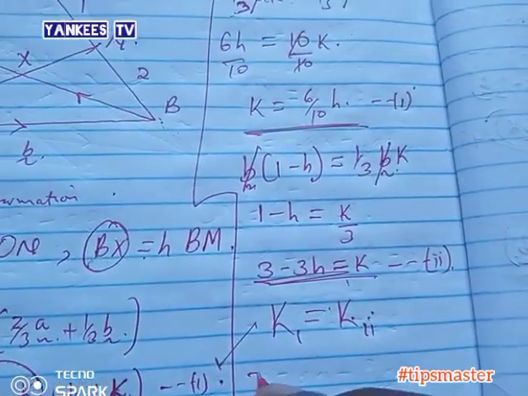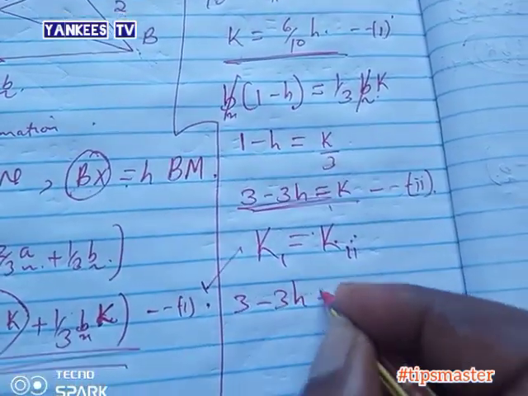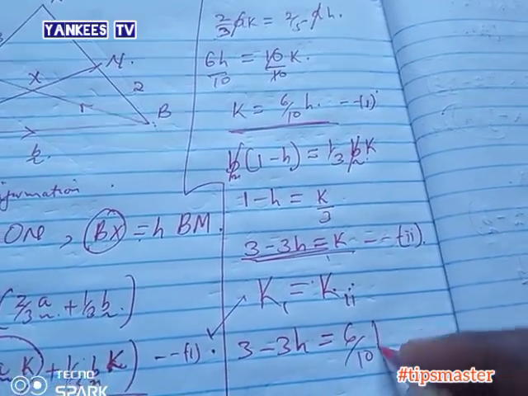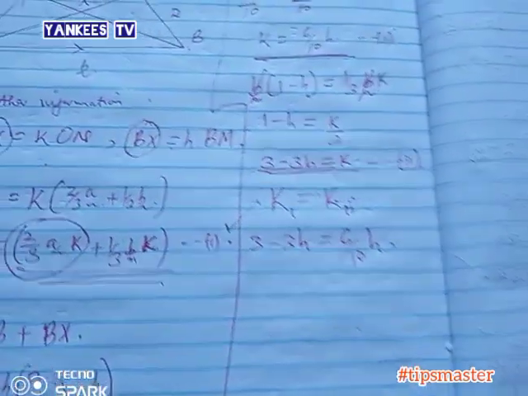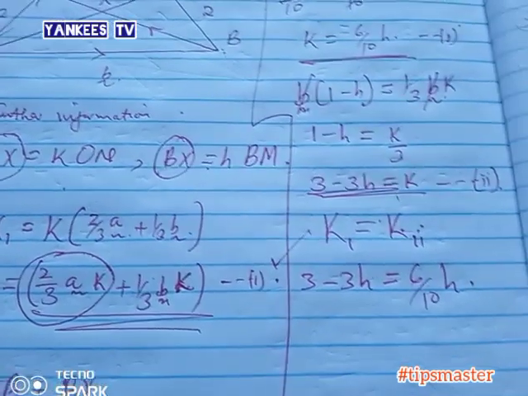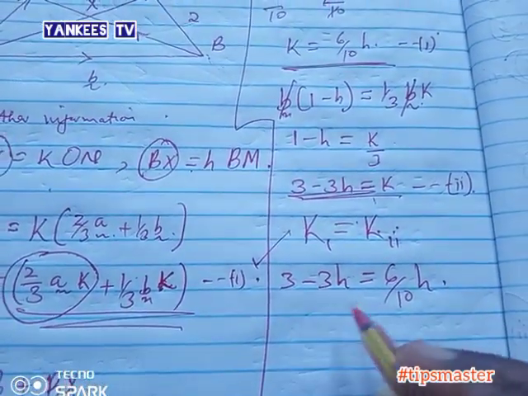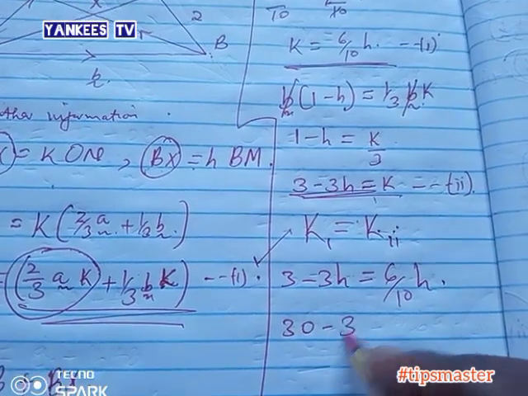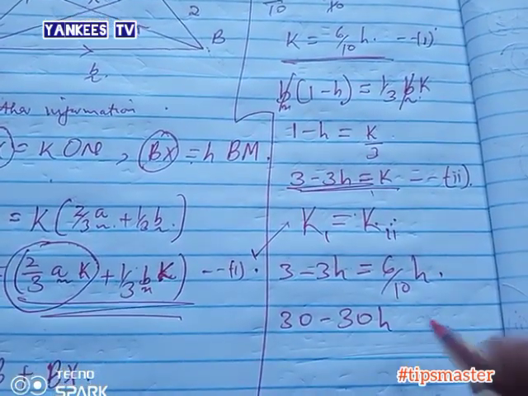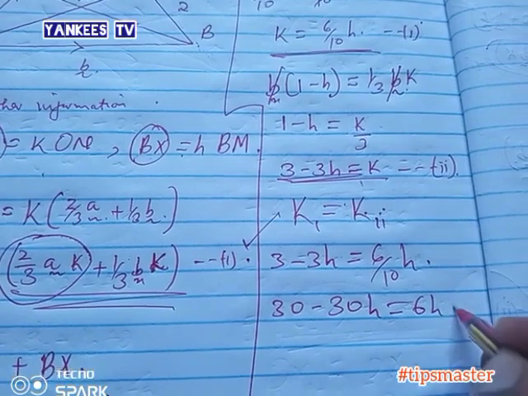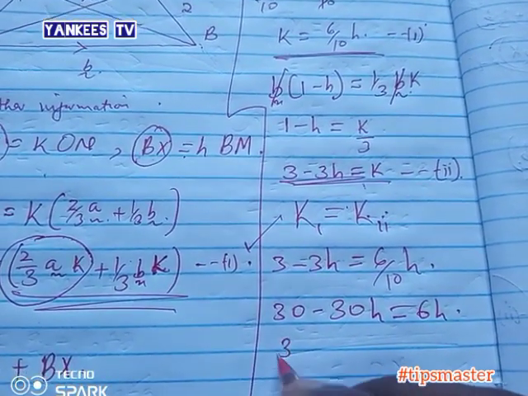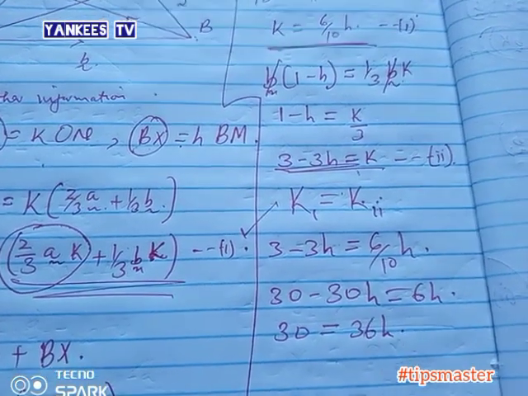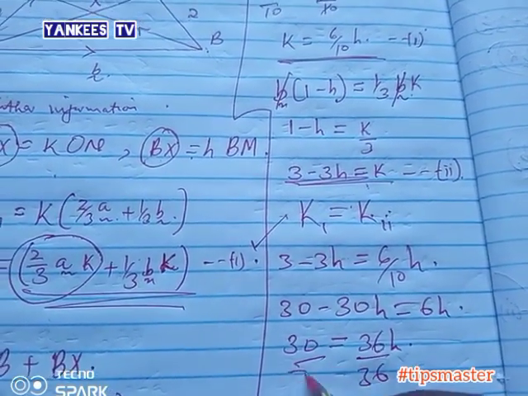So what does it mean? 3 minus 3H is supposed to be equated to 6 over 10H. I want to eliminate by multiplying both sides by 10. We shall have 30 minus 30H is equal to 6H. Collecting like terms, we shall have 30 is equal to 36H, over 36 over 36.